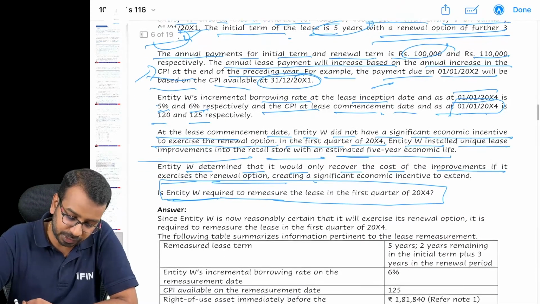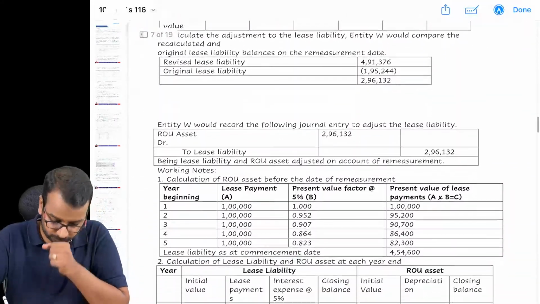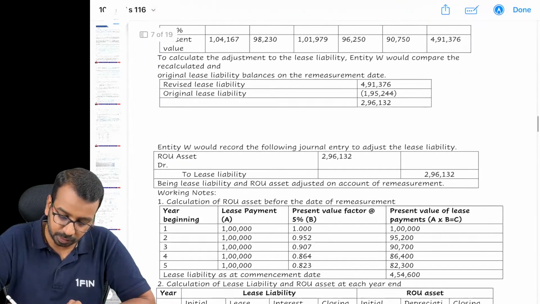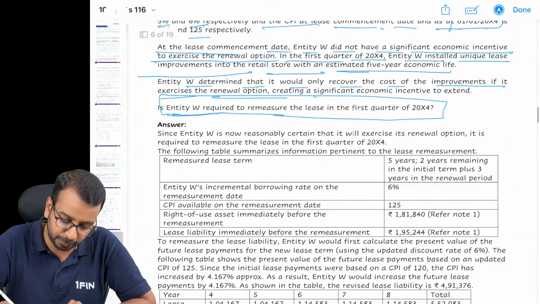Now here, first thing, initially we have a 5-year term, and what did they say?